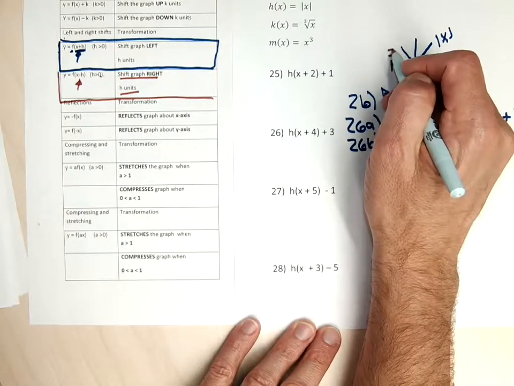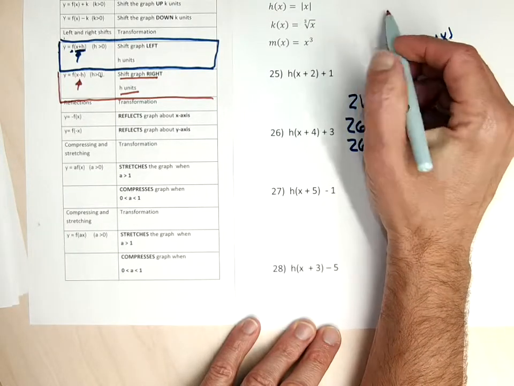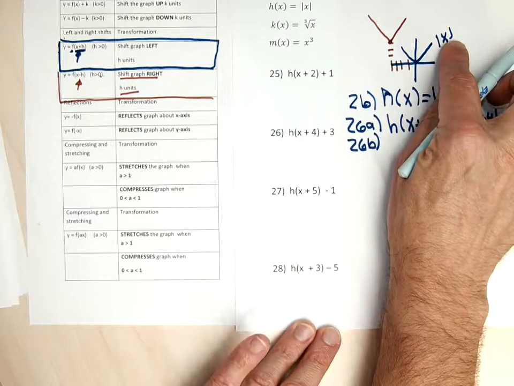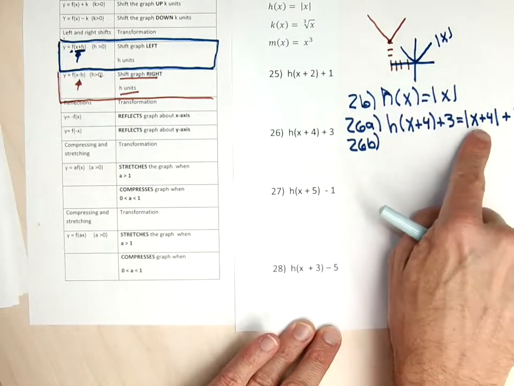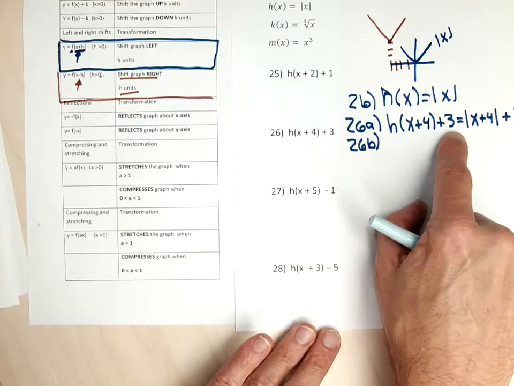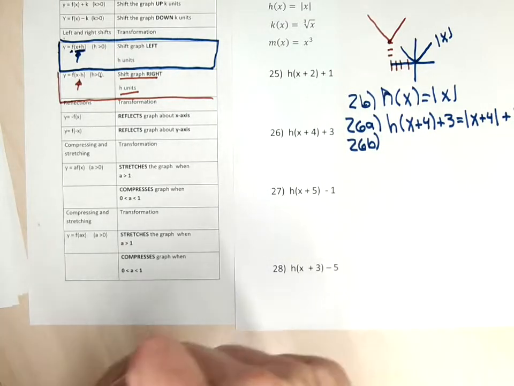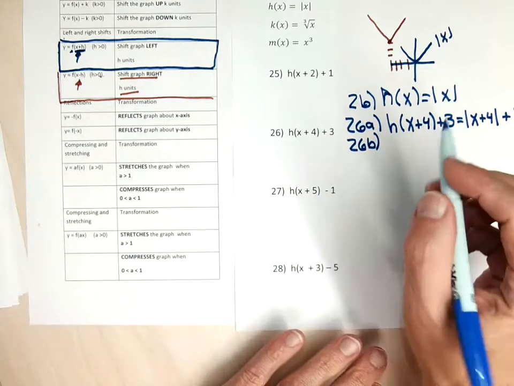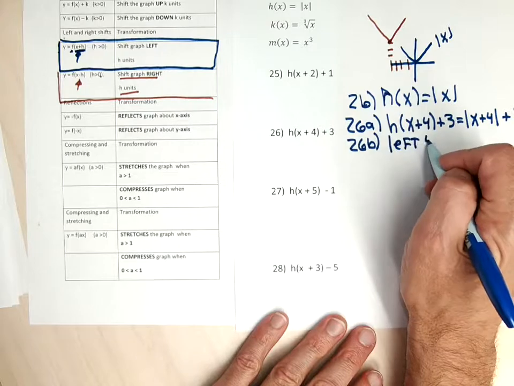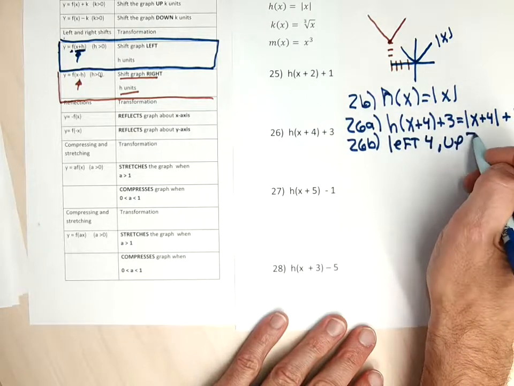So when I go to graph this on my calculator, I'm going to get the exact same v that the original graph looks like, but it's going to be moved left 4 for the plus 4 inside the parentheses and up 3 for the plus 3 that's after the function notation. So to describe how the graph compares, I'm going to say it's shifted left 4 and up 3.